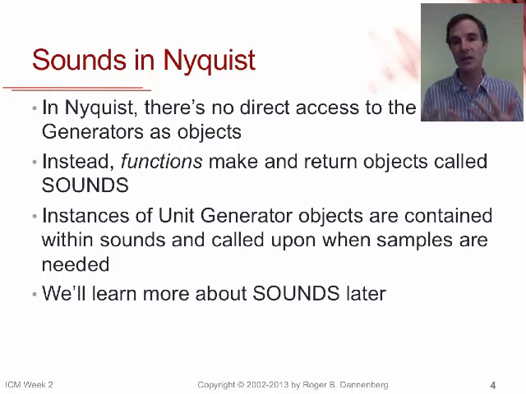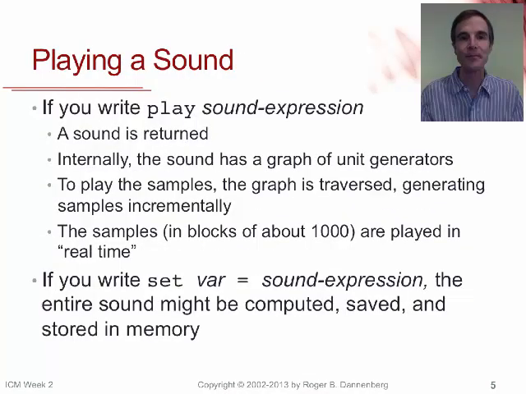So this gets back to the lazy evaluation idea. A sound is an abstraction that represents a big collection of samples and some other information. And when you need to access the samples in that sound, then the unit generators are called upon to do their computation. And we'll learn more about sounds later.